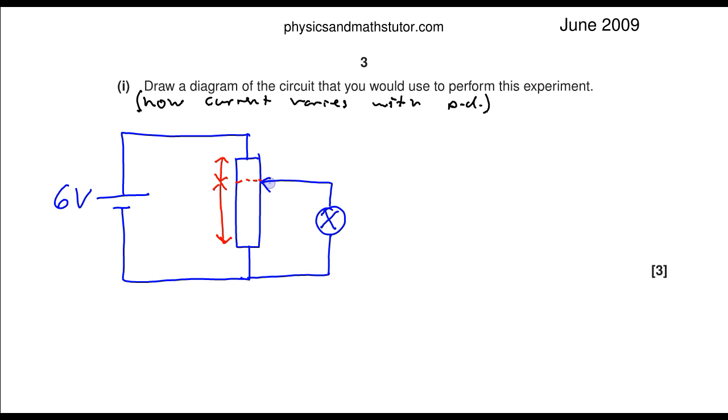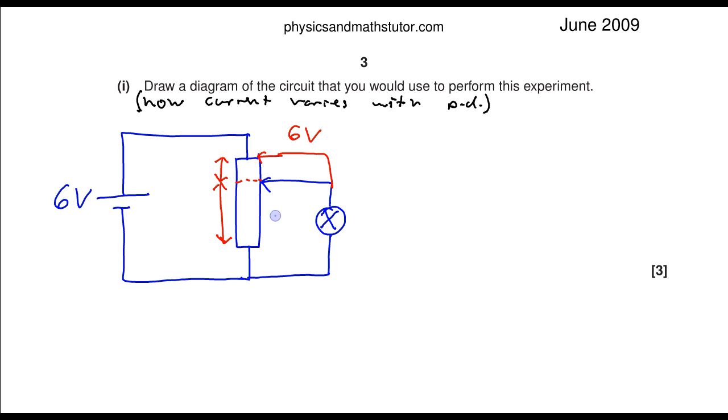By moving the contact all the way across, in this situation that would give us 6 volts, because all of the voltage is going to be taken by that part.